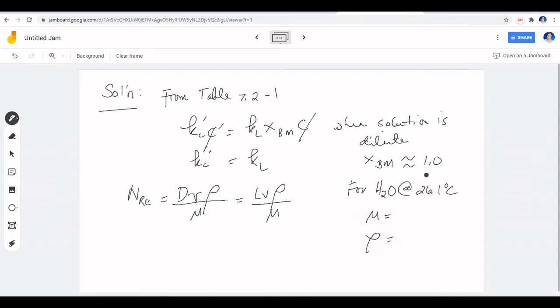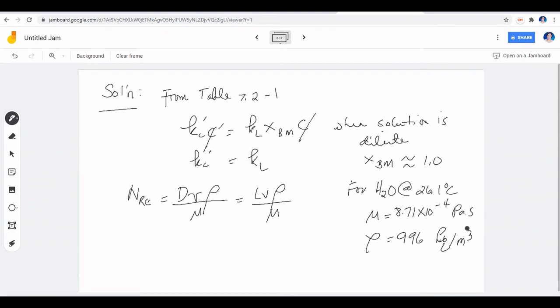So your mu is 8.71 times 10 raised to negative 4 Pascal seconds, and your density will be 996 kilogram per cubic meter.